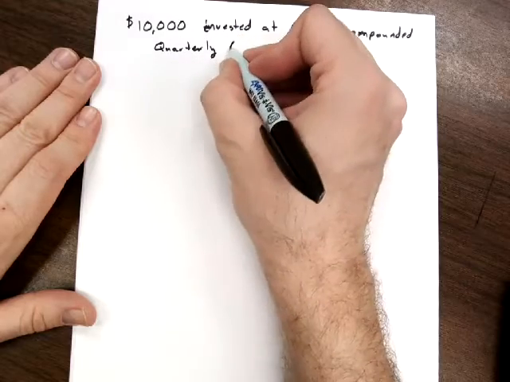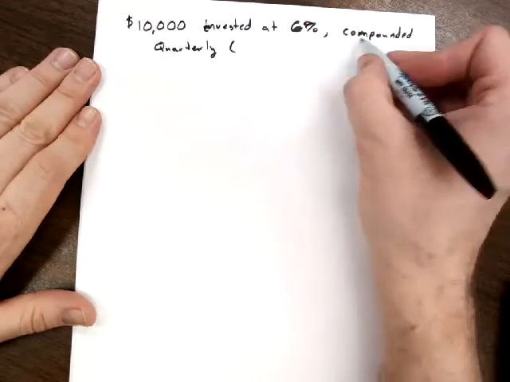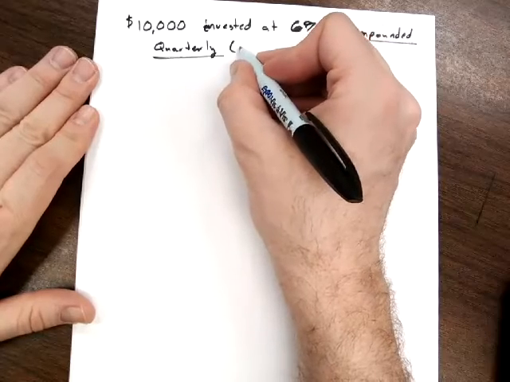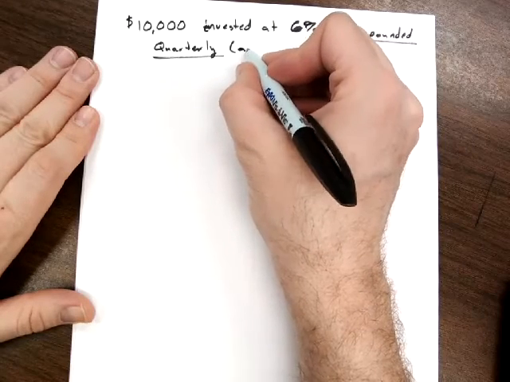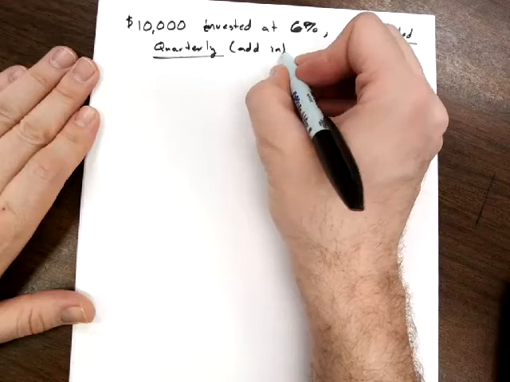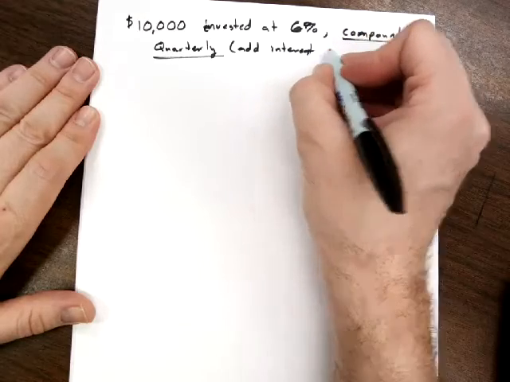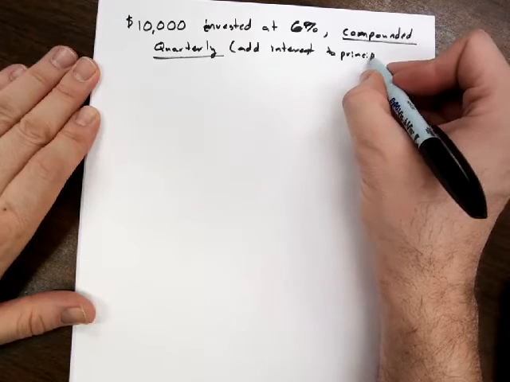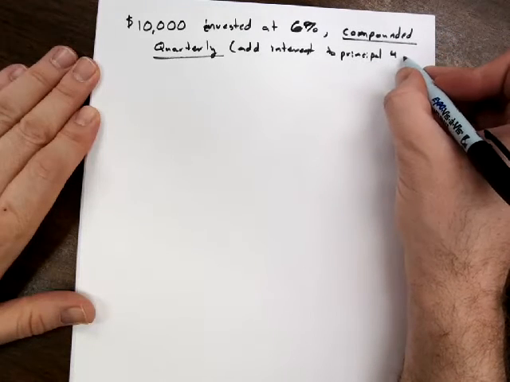This basically means that when I say compounded quarterly, this means that I'm going to add the interest to the principal 4 times per year.